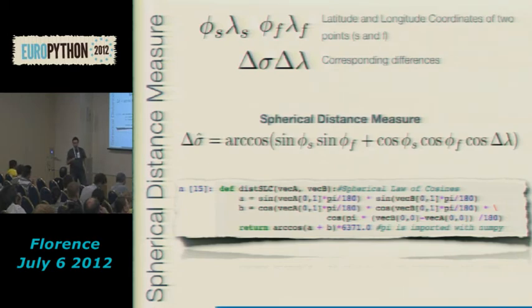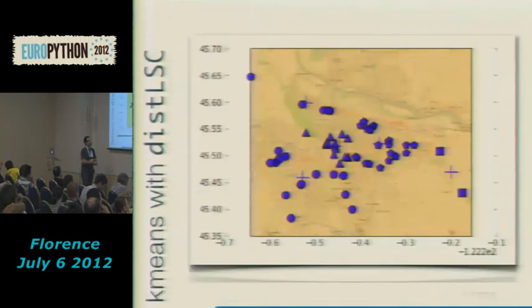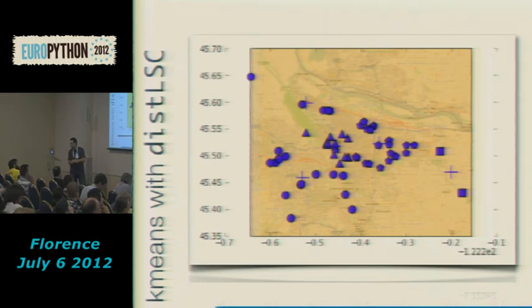So to do this example, we must re-implement the k-means from scratch, but it was not a big deal because the algorithm is quite simple. And this was the final output of all the stuff. We got the map of Portland, we got the points of all the locations, and we applied the points on the map. So we did the clusters, and that's it.